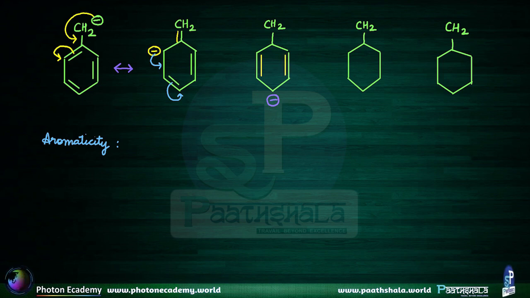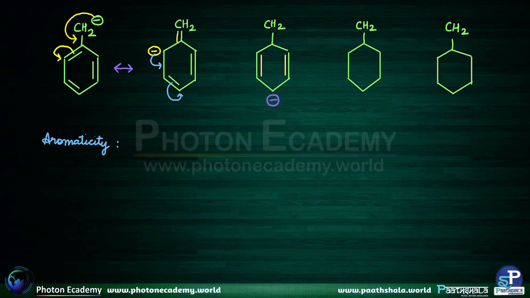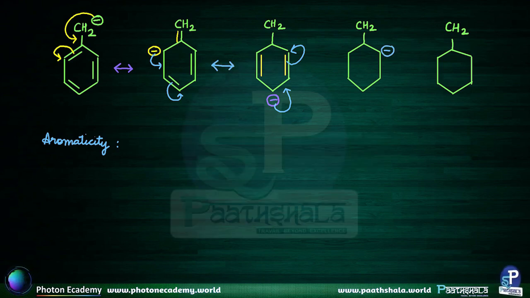Moving forward, this negative charge is going to further move, pushing the pi bond again, and these all are resonating structures. So this negative charge is going to land here. We have a double bond here, a double bond here, and a negative charge here. So all of them are nothing but resonating structures.